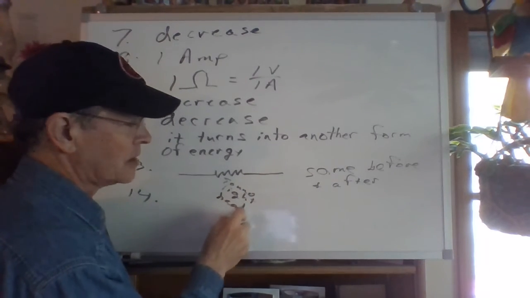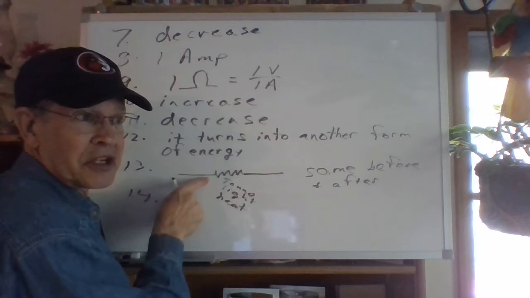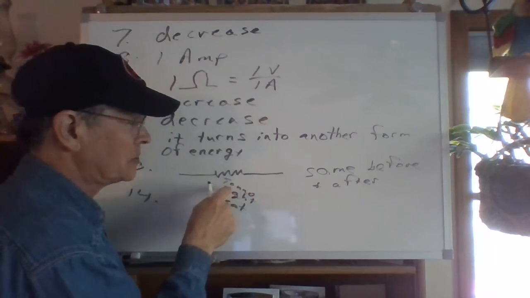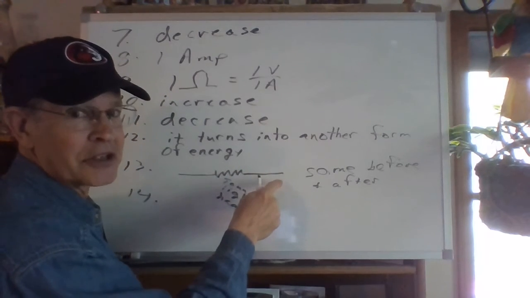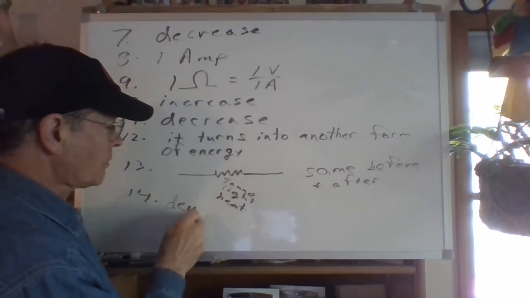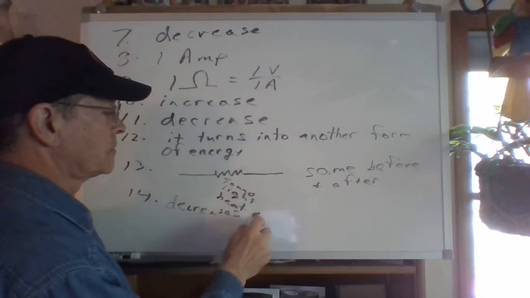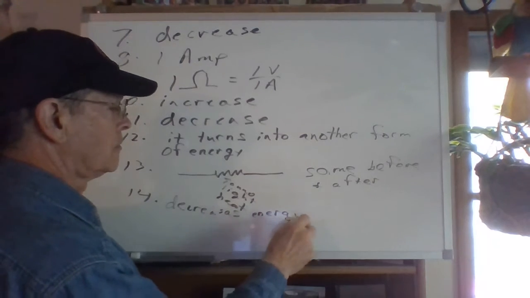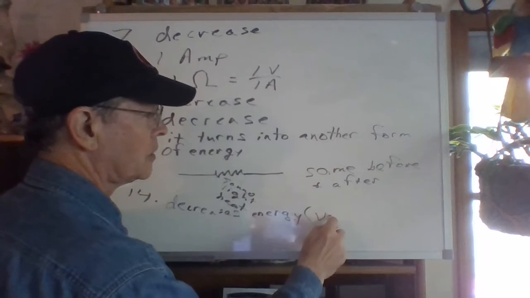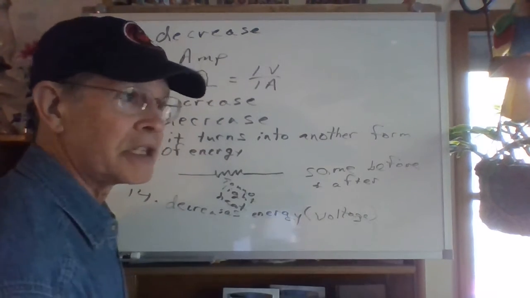Well, of course, by the conservation of energy, if you got so much energy coming in, and it turns into some other form of energy, then there's going to be less energy coming out. So it decreases the energy. Also, we could call it voltage. It decreases the voltage. Resistors decrease voltage.